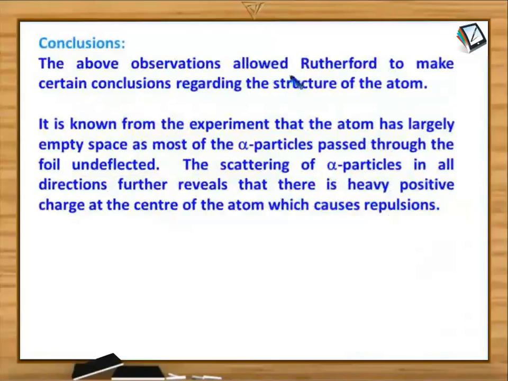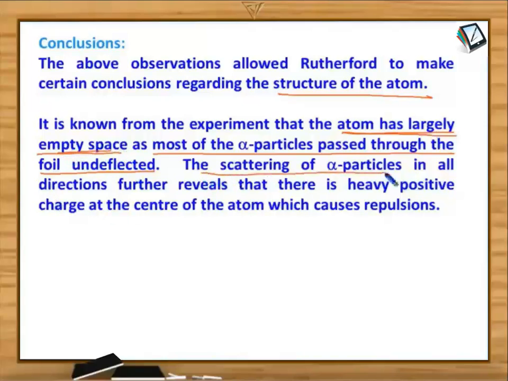The above observations allowed Rutherford to make certain conclusions regarding the structure of the atom. It is known from the experiment that the atom has largely empty space, as most of the alpha particles pass through the foil undeflected, isn't it? As most of the alpha particles are moving in a straight line without deflection, it means that the atom has a lot of empty space.